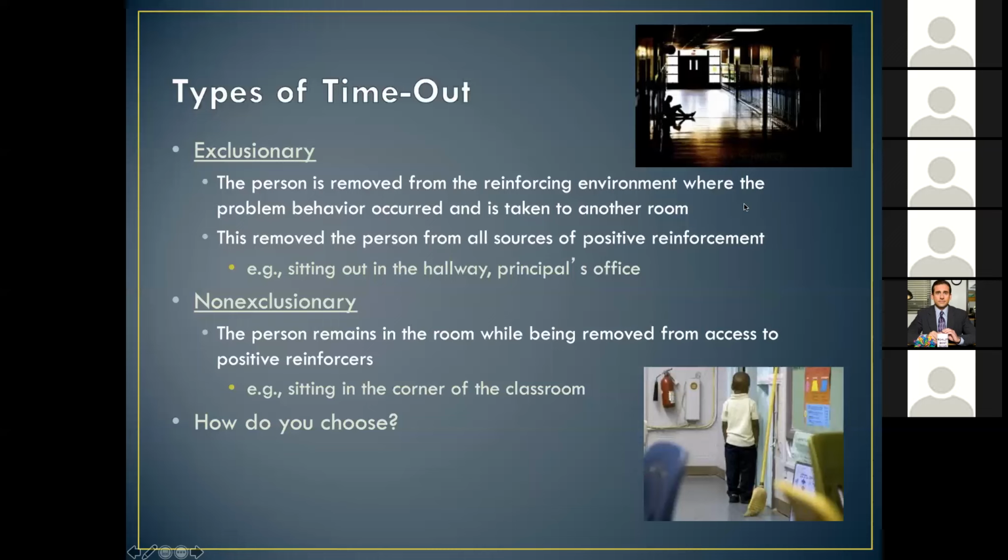So some people say it could be based on the type of the behavior. Let's say it's cursing, and you use a non-exclusionary timeout and put the kid in the corner in the same room as the other kids. That kid might be cursing the whole time, and it would be very disruptive for the rest of the classroom. So it might have to be exclusionary.